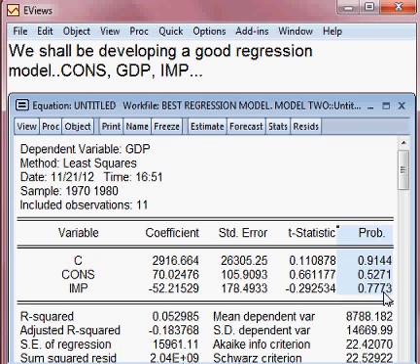All the time it will happen, all the time. Suppose I take this one, absolute t statistic is 0.11, that is the lowest. As a result, the corresponding p value is the highest, 91.44%.